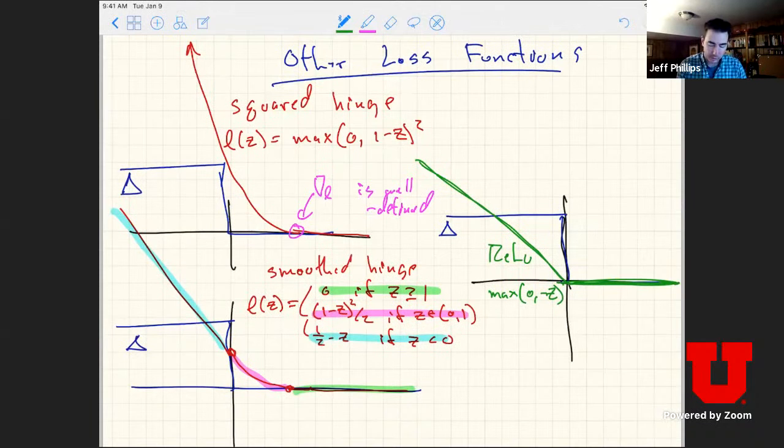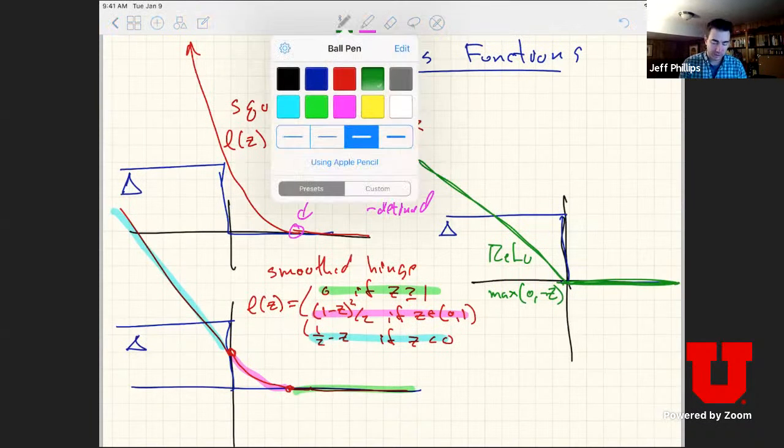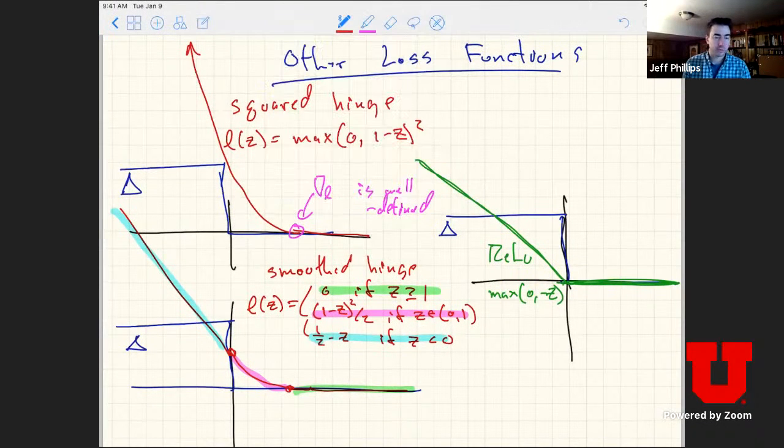And now we're going to do a convex approximation of this ReLU. Let's say a simple smooth approximation of the ReLU. That's going to look something like this. Okay, a little bit hard to draw. This is going to be called the logistic loss.